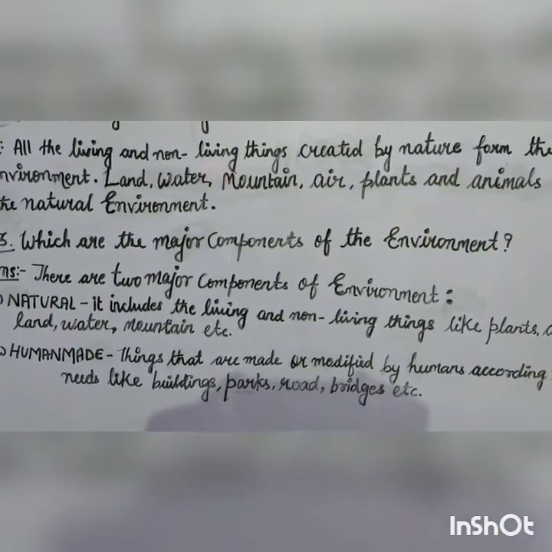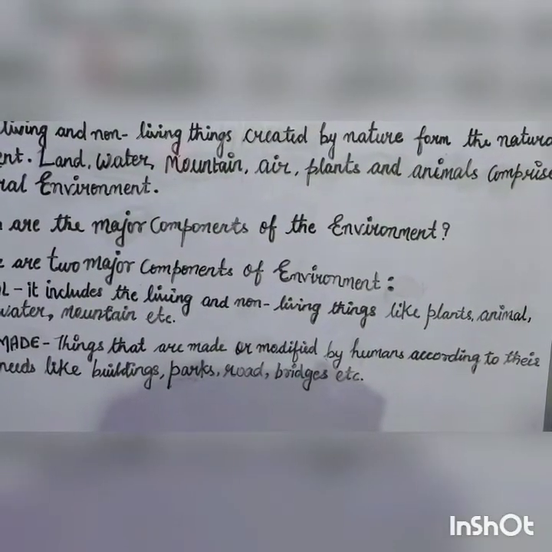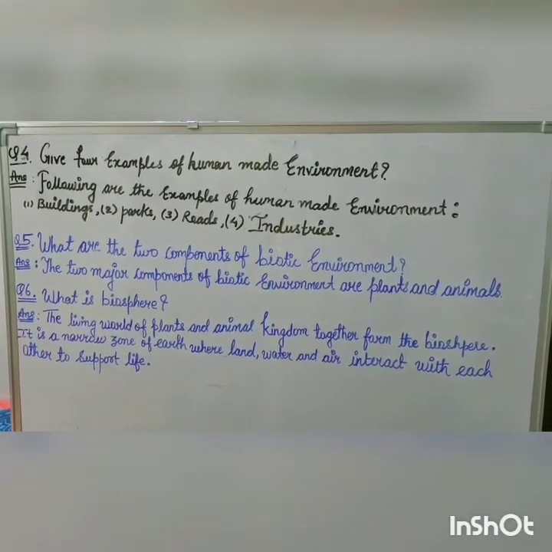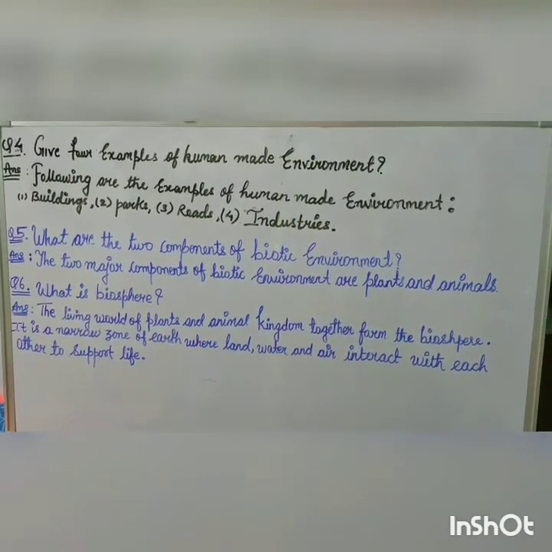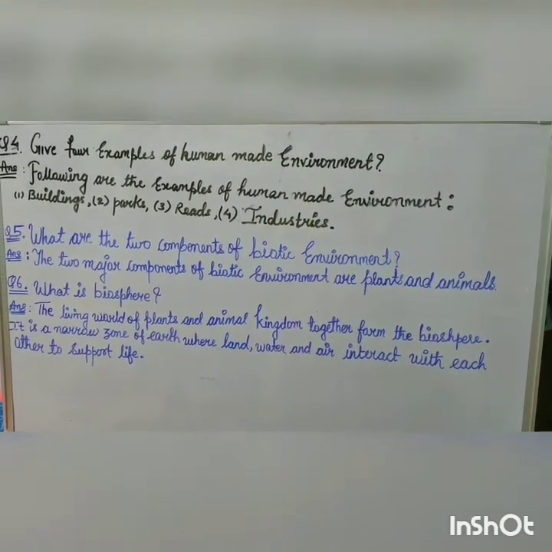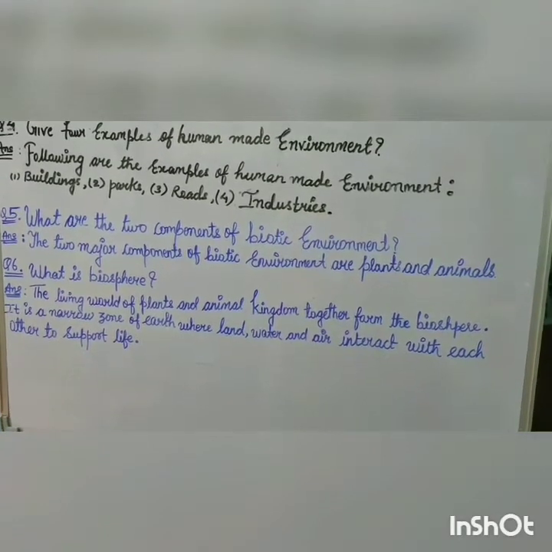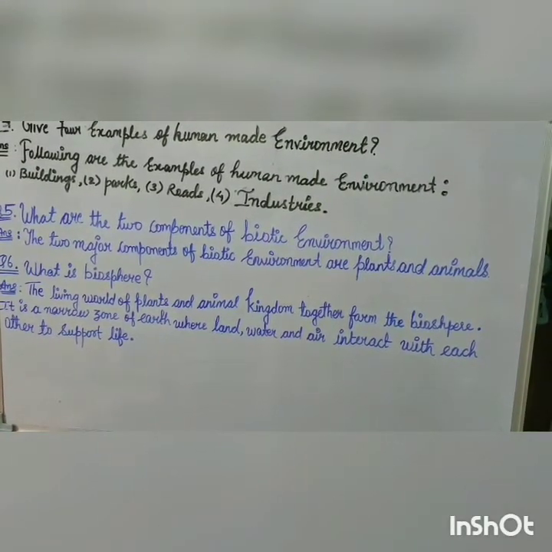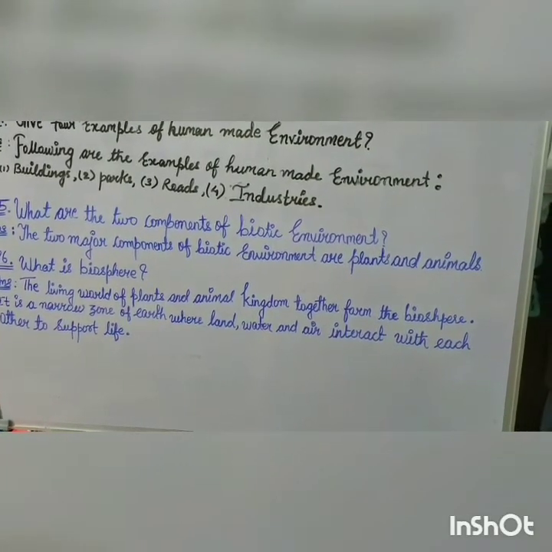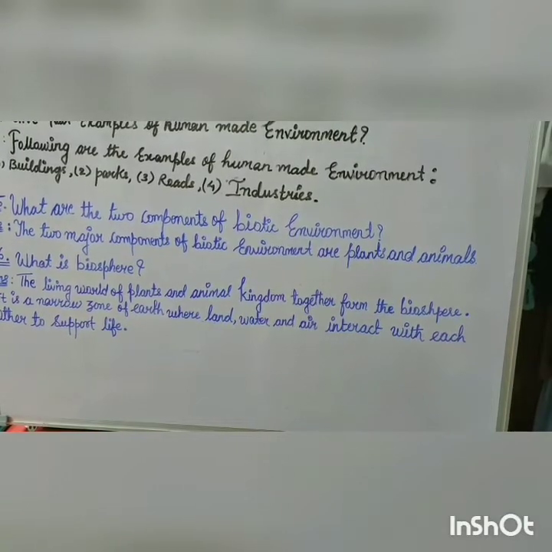Things that are made or modified by humans according to their needs, like buildings, parks, roads, bridges, etc. Fourth question: give 4 examples of human made environment. Answer: following are the examples of human made environment: buildings, parks, roads and industries. Question number 5. What are the 2 components of biotic environment? The 2 major components of biotic environment are plants and animals.